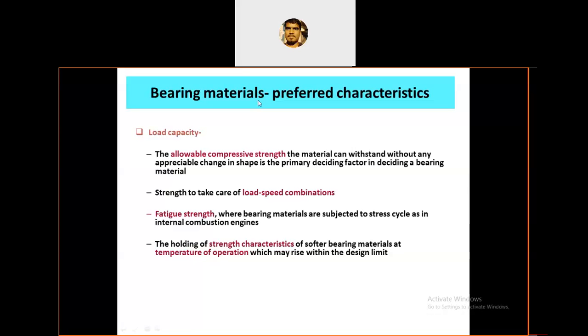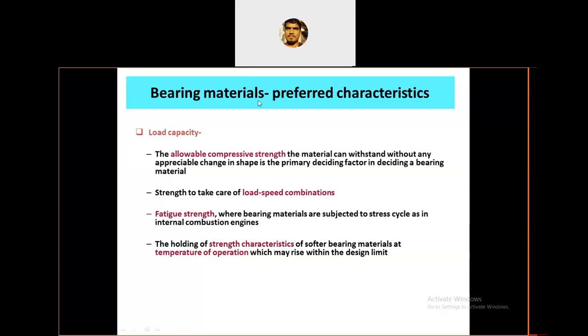The first property is load capacity. The load carrying capacity of the bearing is the first important property. The load carrying capacity of the bearing material is the very important and primary property of the bearing material.